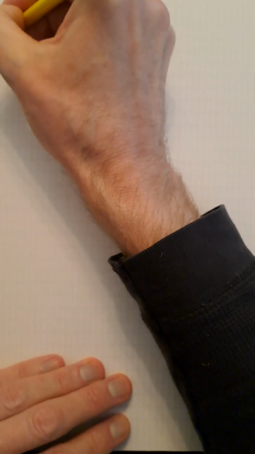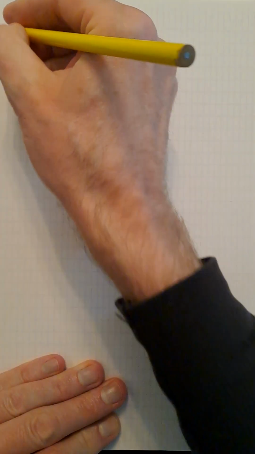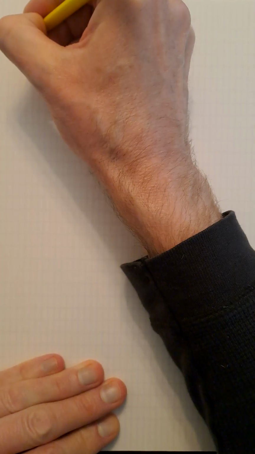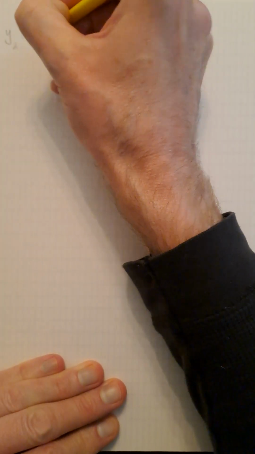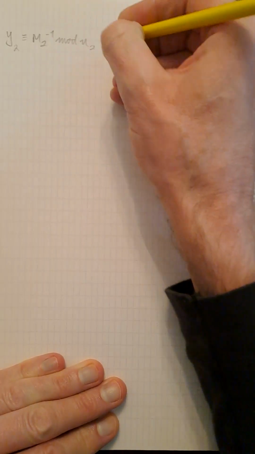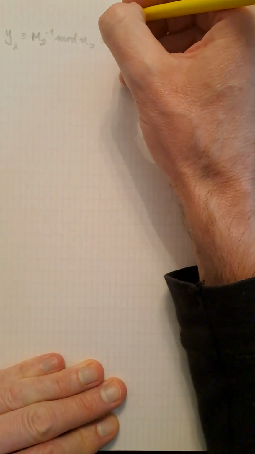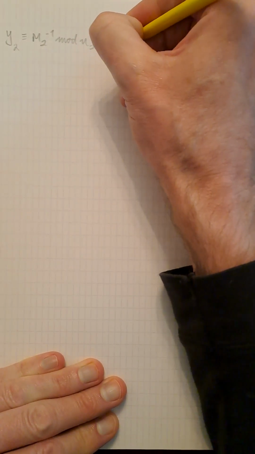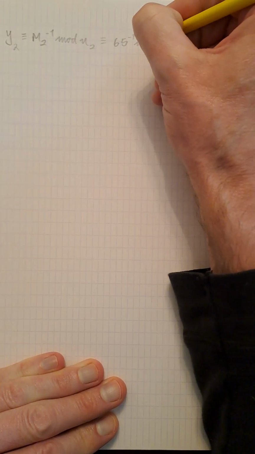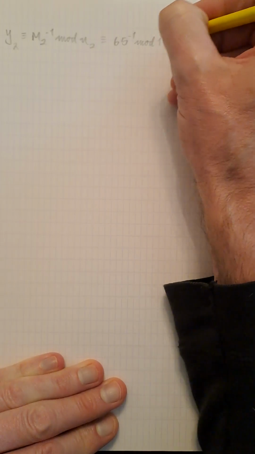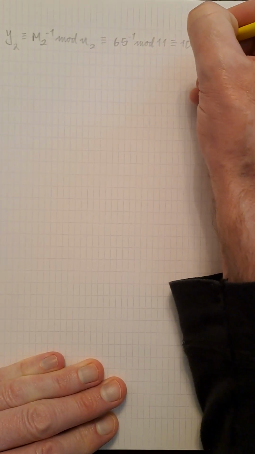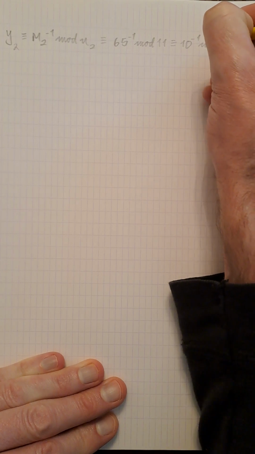Meanwhile, y2, according to the Chinese remainder theorem, is congruent to M2 inverse mod N2. And of course, that means in our case, 65 inverse mod 11. 11 divides into 55, so that's congruent to 10 inverse mod 11.